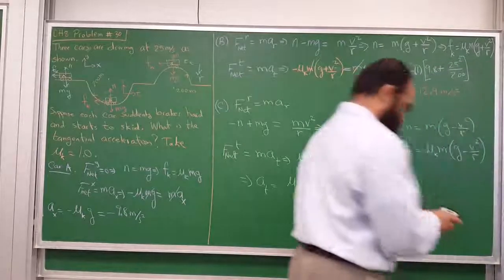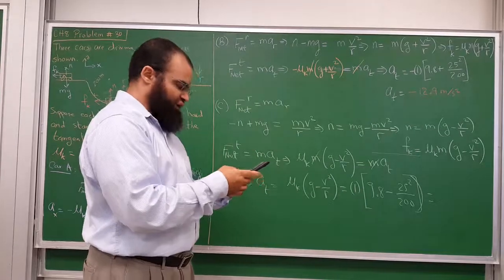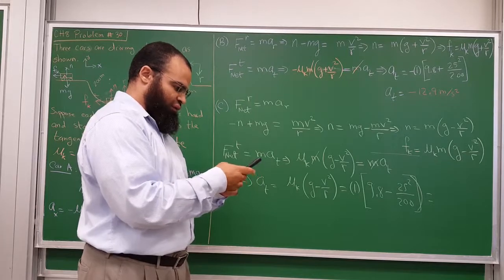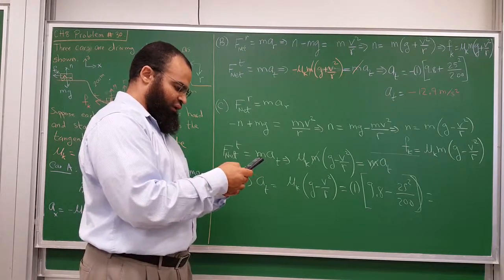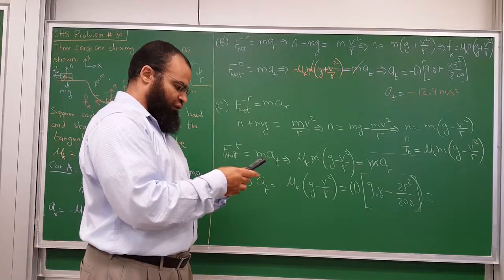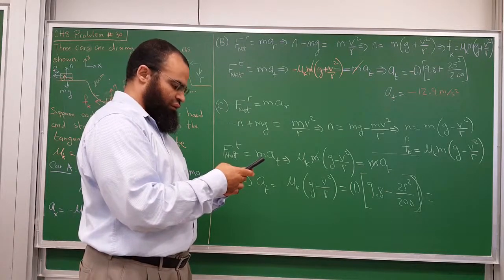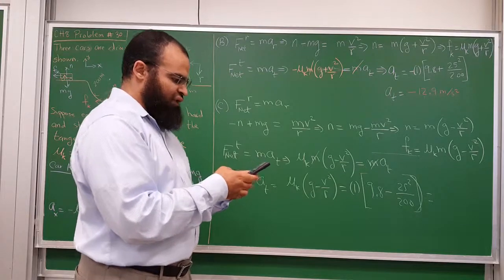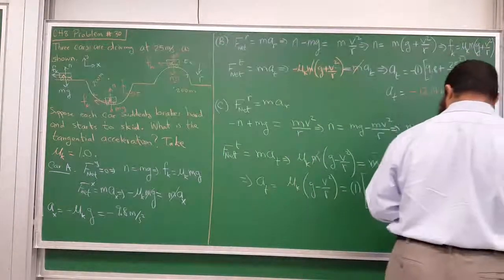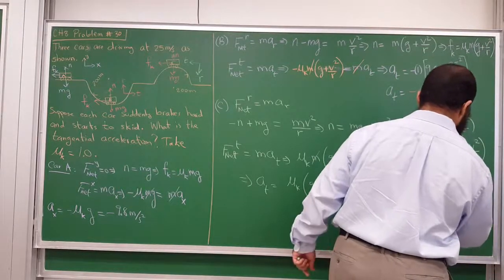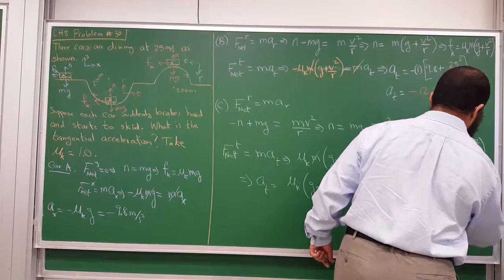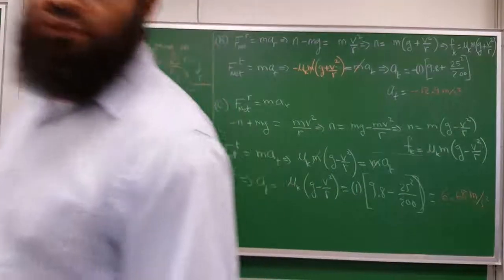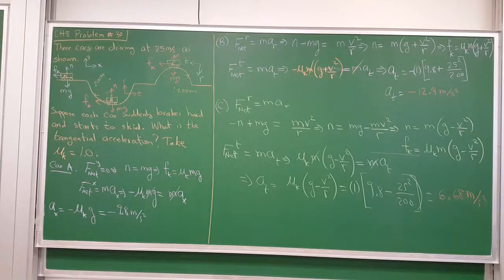So we get 9.8 minus 25 squared over 200. I get 6.68 meters per second squared. Let me just double check that. Yeah, so it is 6.6. They have about 6.7. They approximate. Yeah, they rounded. All right, so that's okay, and we're good.